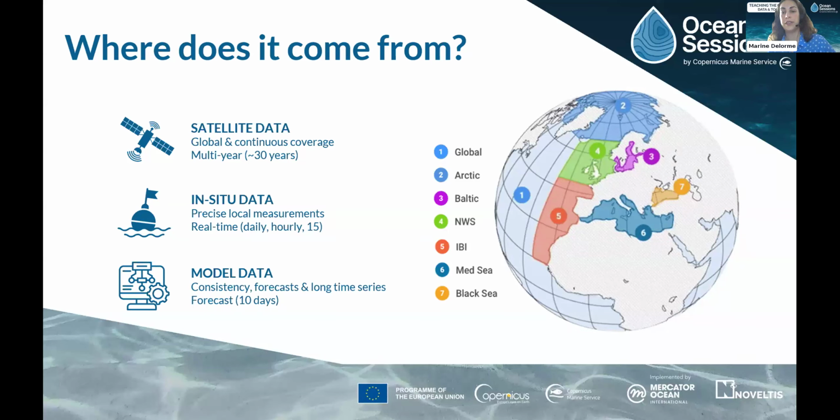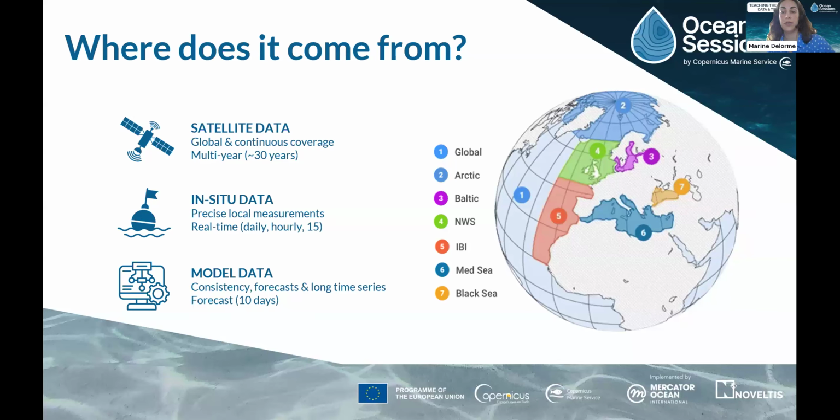All Copernicus Marine data comes from a combination of three complementary sources: satellite observations, which provide global continuous coverage; in situ observations from buoys, floats, and research vessels, offering precise local measurements; and ocean models, which assimilate all observations and generate forecast, analysis, and up to 30 years of historical reanalysis.